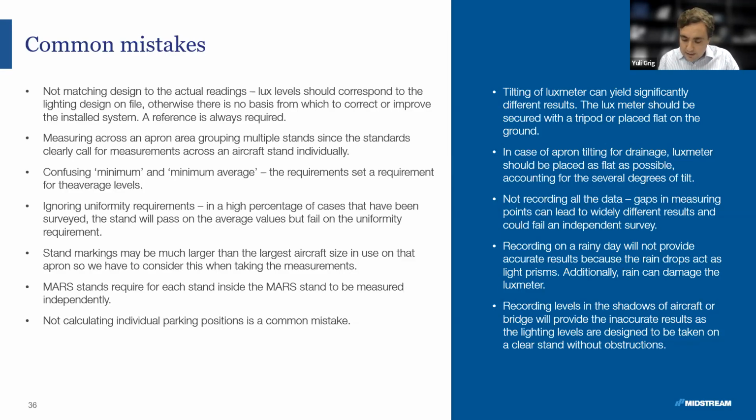The next point is, as a best practice, supplier submitted designs and commissioning checks. If you brought in a supplier to design your apron lighting and to do the installation perhaps, or do the commissioning, and they're giving you the results, always double check this. This should be checked by the accountable person. It's so easy to get this wrong, to mix up a couple of numbers.